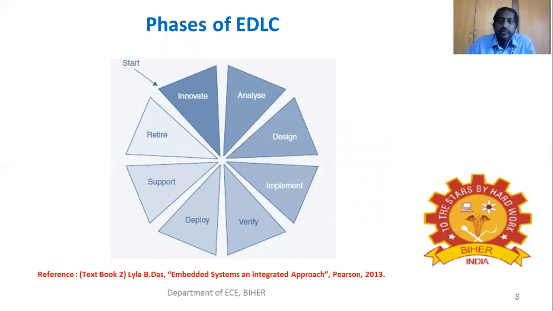These are the phases of EDLC. The process starts with innovation. Before producing the product, we should innovate it according to the requirements. The requirements of the practical scenario, you should map with technical aspects. Various technical aspects are there.